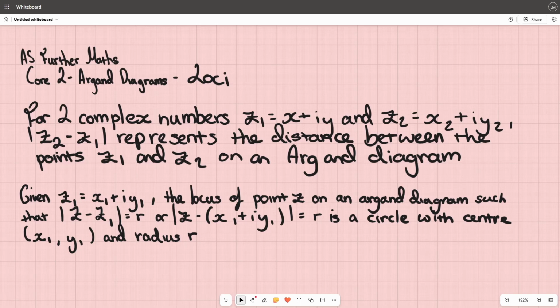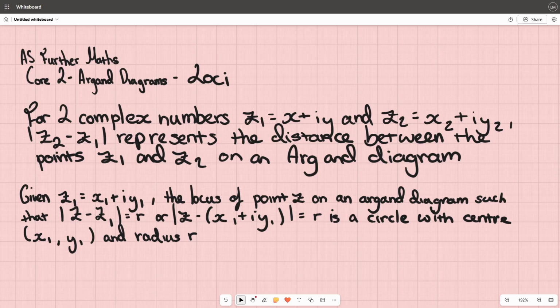Okay, so now I want to talk about loci on an Argand diagram. So for two complex numbers, z1 equals x1 plus iy1, and z2 is equal to x2 plus iy2, the magnitude of z2 minus z1 represents the distance between the point z1 and z2 on an Argand diagram.